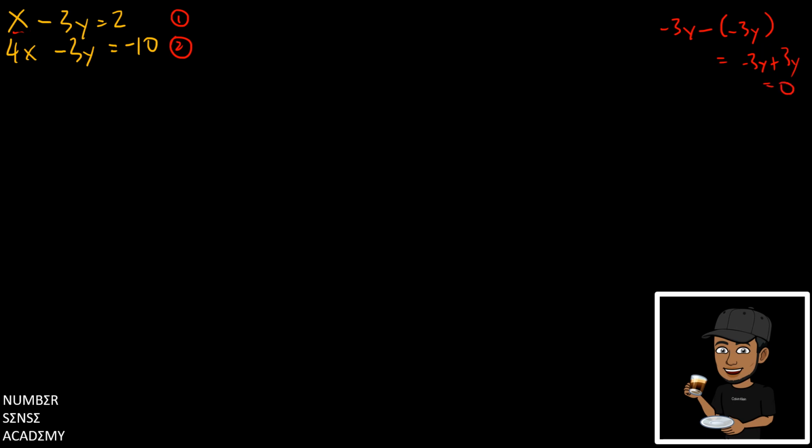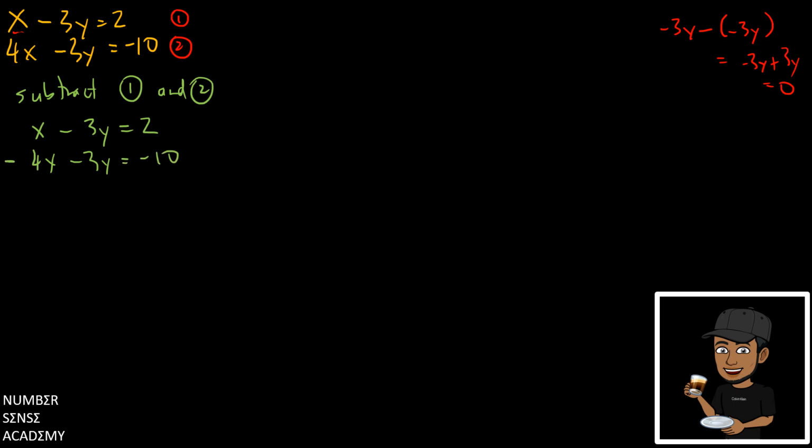So my instruction there, I'm going to subtract 1 and 2. All right, so then I set up myself. So I have x minus 3y equals 2, and I have 4x minus 3y equals negative 10.